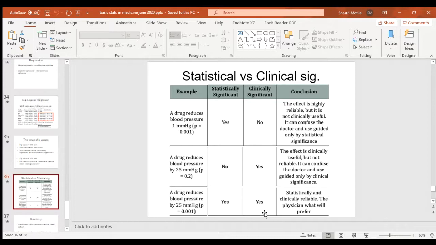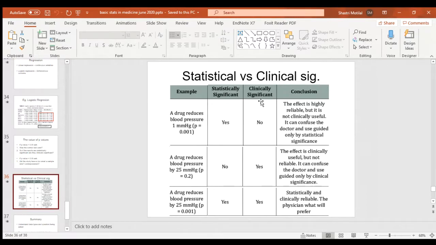So the clinically significant drop in blood pressure we use in practice is 5 millimeters of mercury. So although this first study significantly reduced blood pressure, it didn't reduce it by an amount we consider clinically relevant. So clinical significance is somewhat of a subjective judgment call.